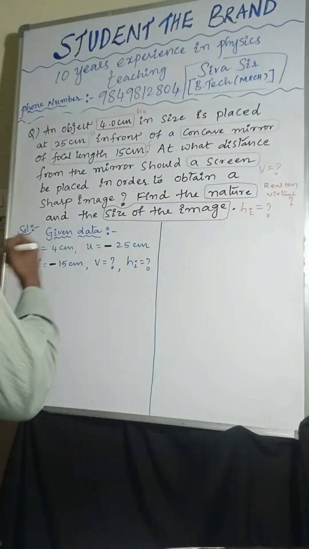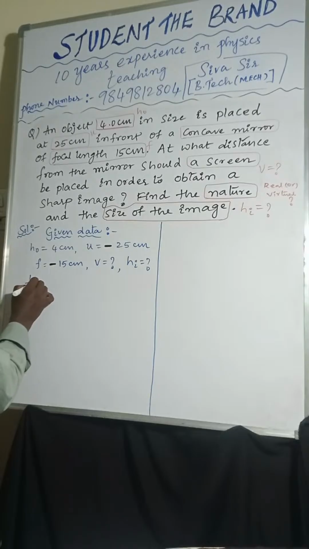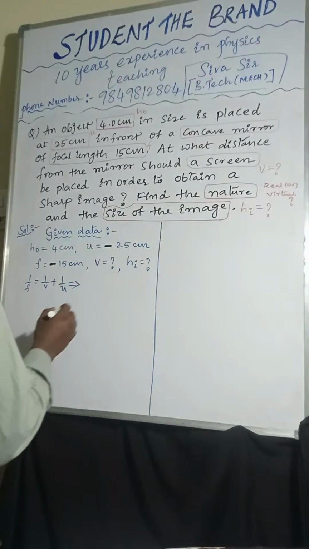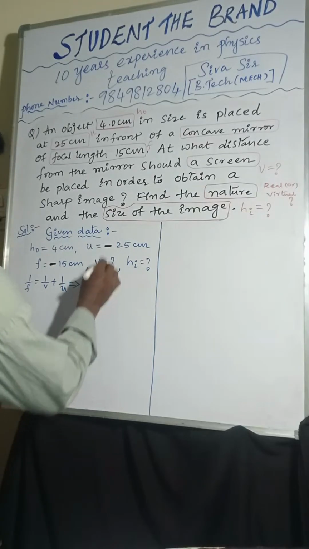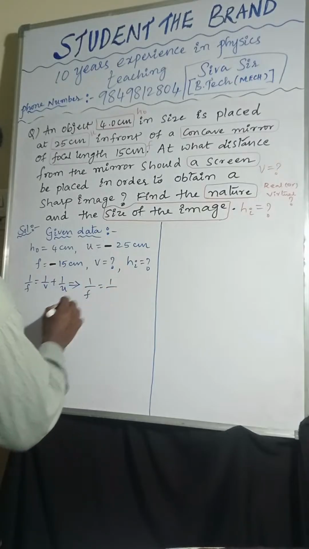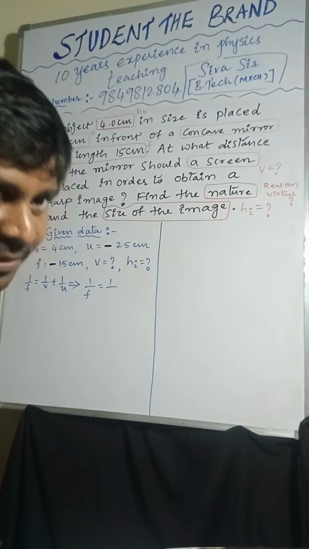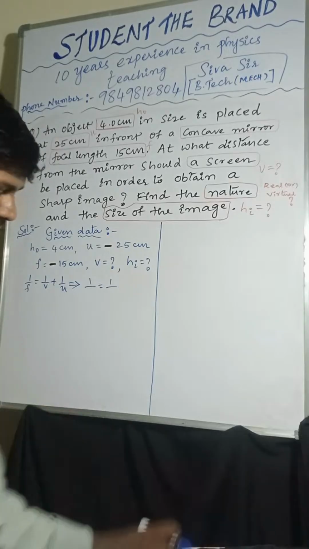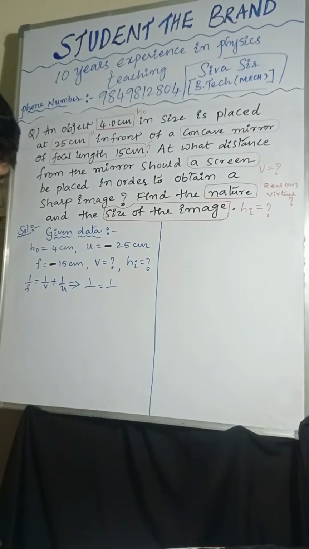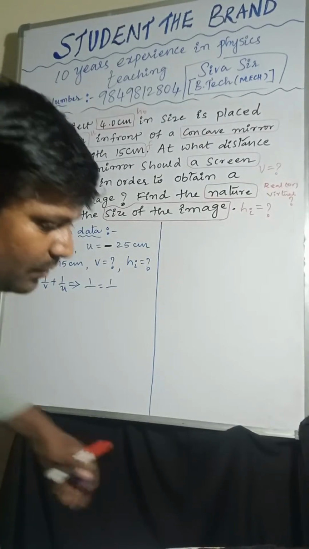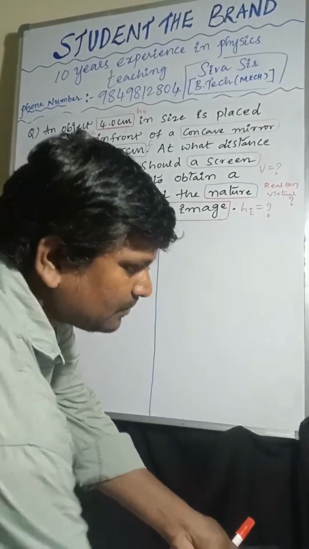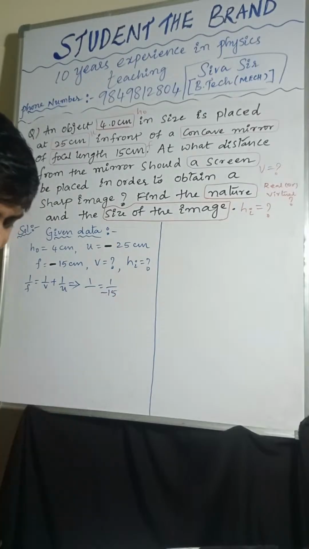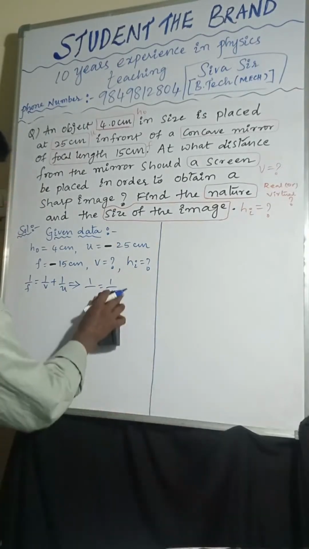So now you can see, 1 by f equals 1 by v plus 1 by u. From this, we have to find 1 by v. Focal length is given as 15, and for a concave mirror the focal length is minus 15.